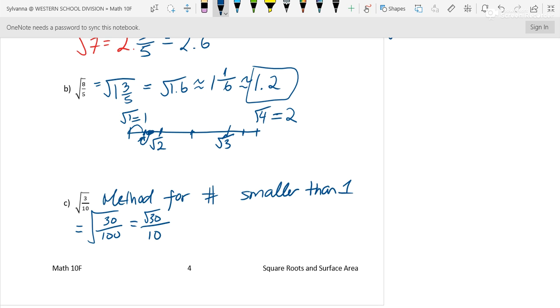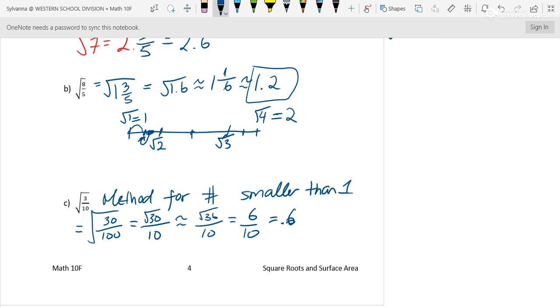Okay, well, the thing is, I don't know what the root of 30 is, but I do know what the root of 36 is. That's kind of close. And the root of 36 would be 6 over 10, which is 0.6. So we could say the root of 3 over 10 is approximately 0.6.